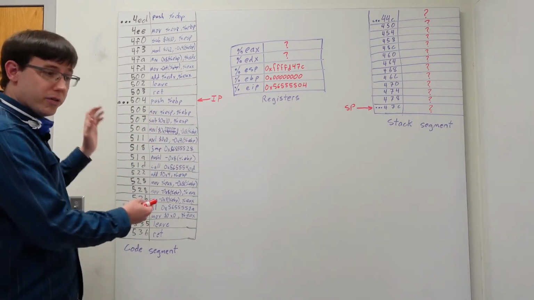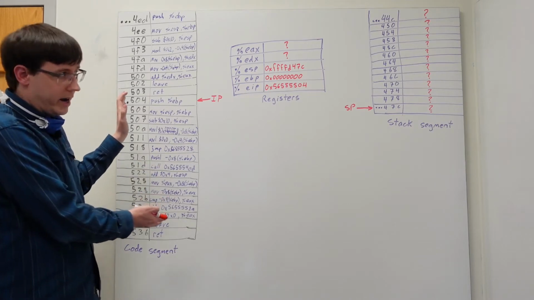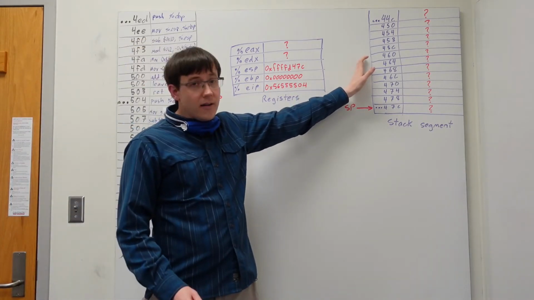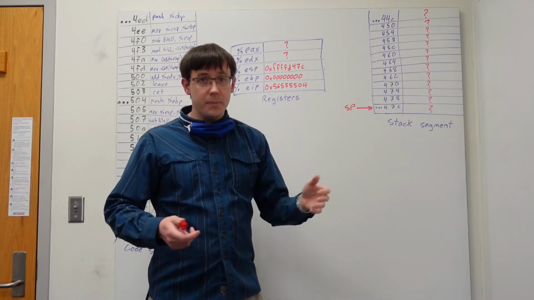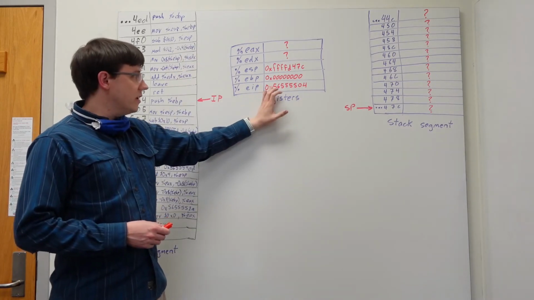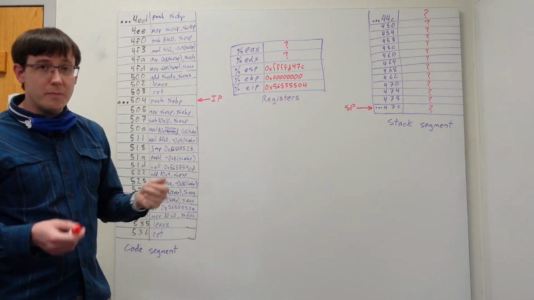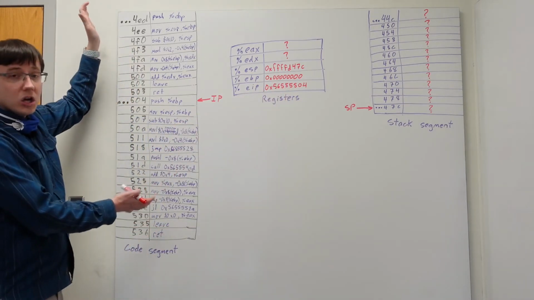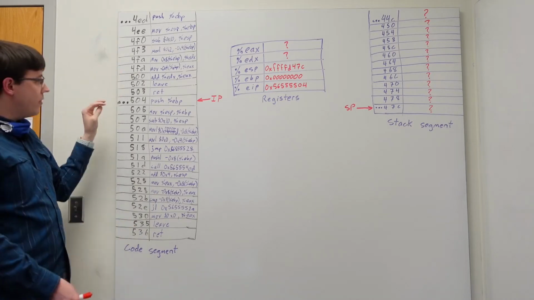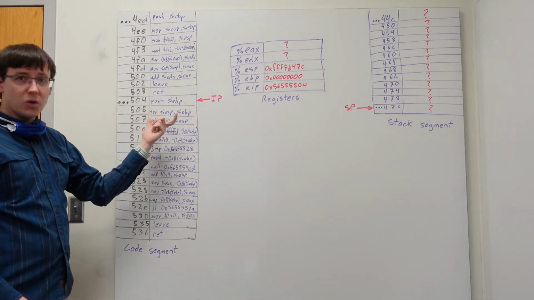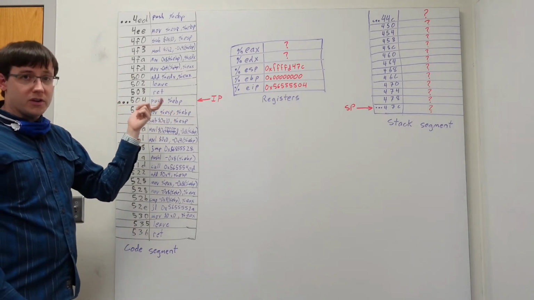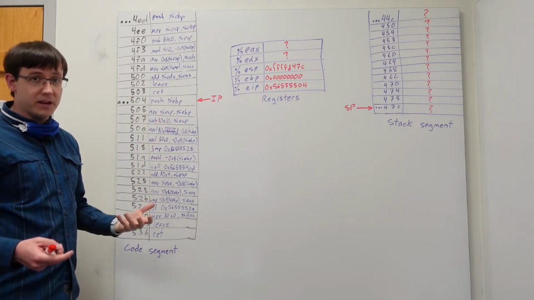Note that both the code of the program and the data on the stack are stored in RAM. So all of these addresses in the program that start with 565 are referring to memory locations within the code segment, and at those memory locations are stored the binary representations of various assembly instructions.